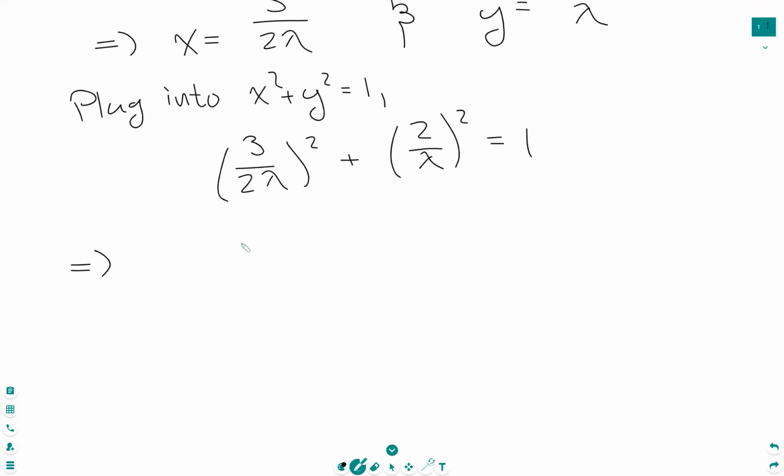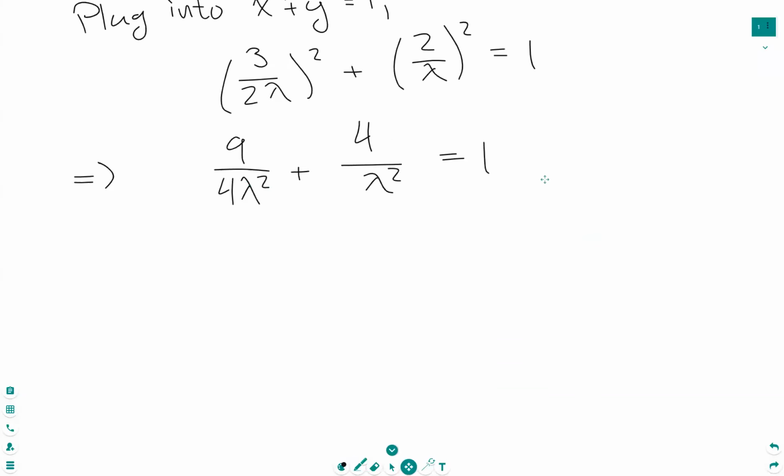Can simplify a little bit. Let's actually do these squares out. We get 9 over 4 lambda squared plus 4 over lambda squared is equal to 1. So I can multiply both sides of this by 4 lambda squared. And here I get just a 9.